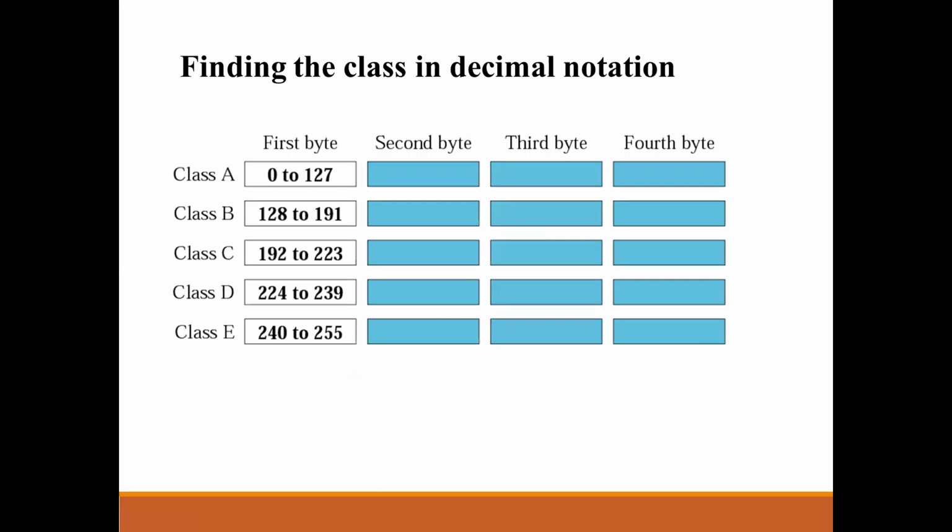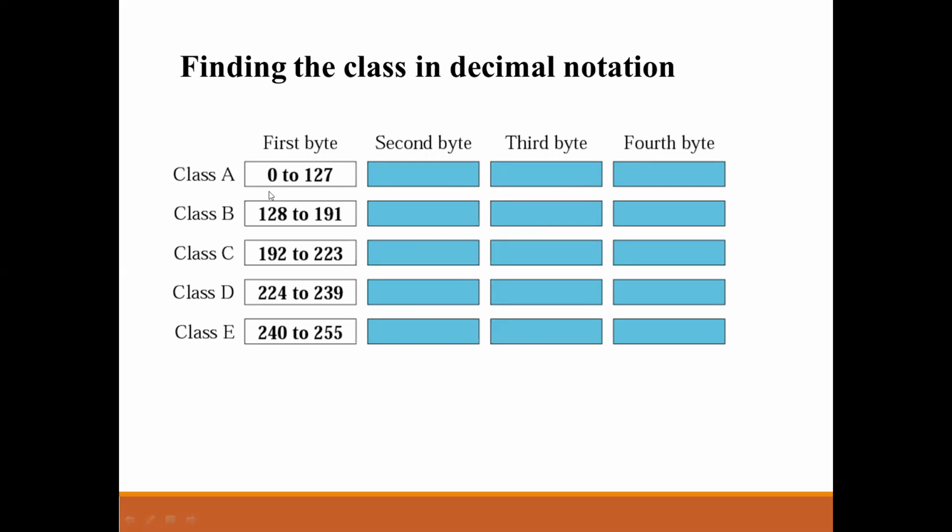Then next one, finding the class in decimal notation. Here, again, it is the same thing, but in decimal notation. The 4 bytes are given: first byte, second byte, third byte, and fourth byte.